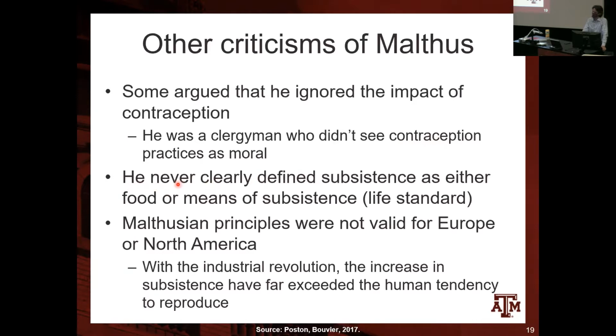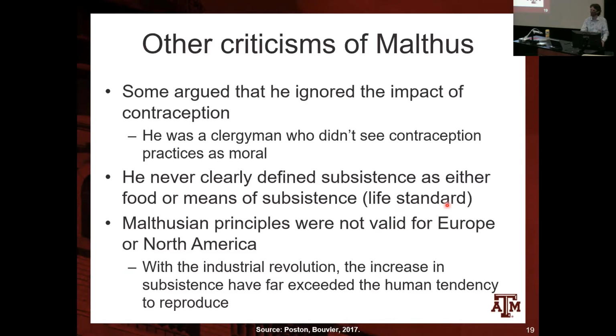Another criticism: he never clearly defined subsistence as either food or means of subsistence. So what exactly is subsistence? Is it just the ability of people to buy food and have a house, or is it related to other means of subsistence?